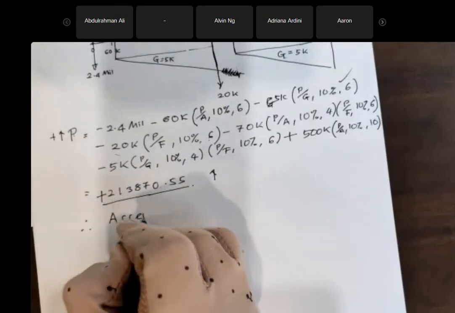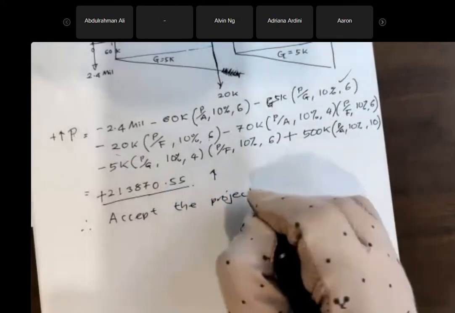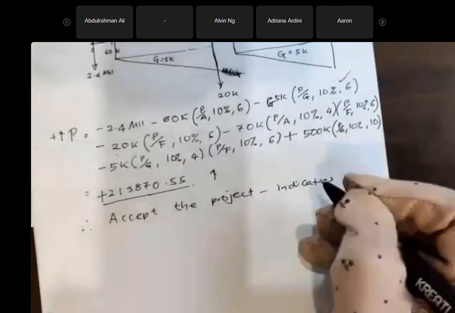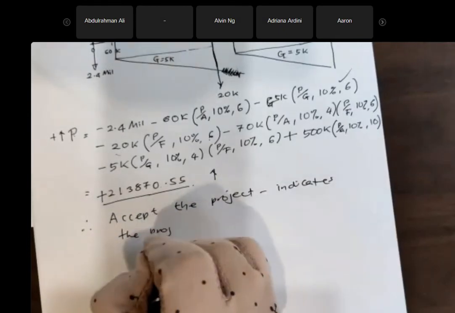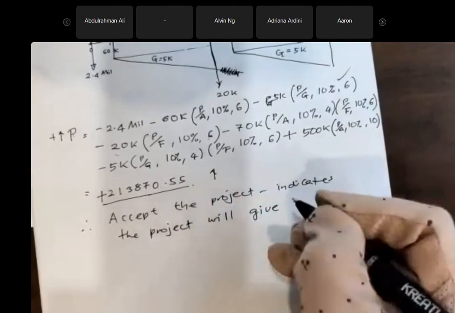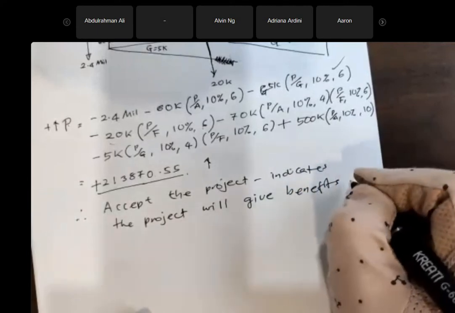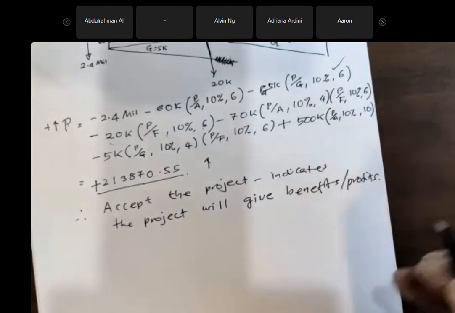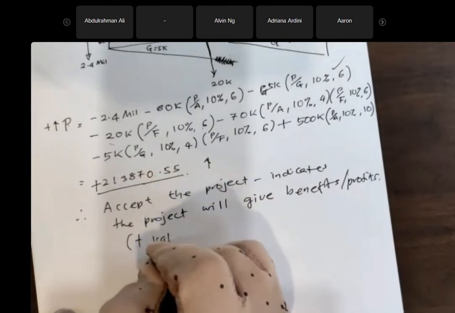To accept the project because it indicates positive, that the project will give profits. Positive value.